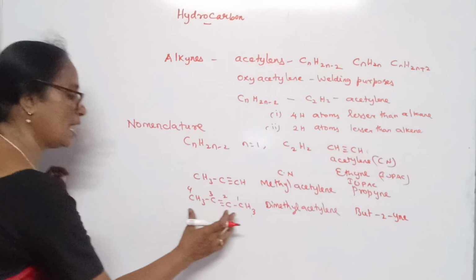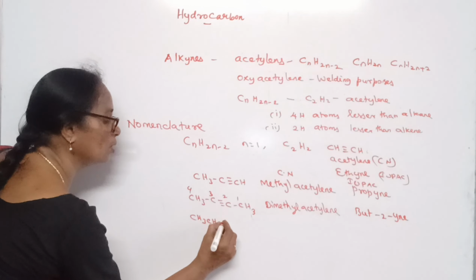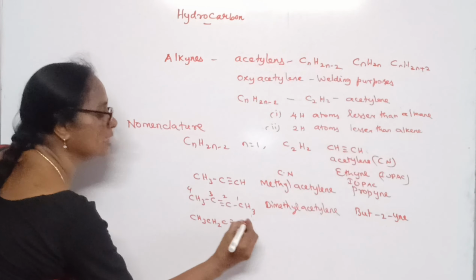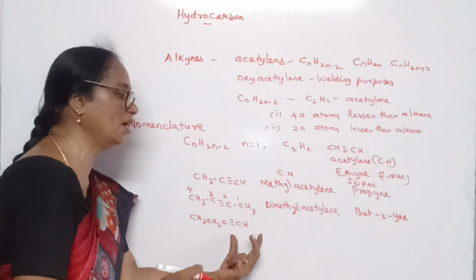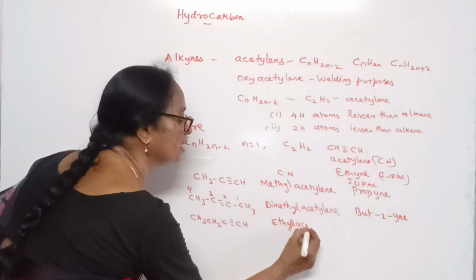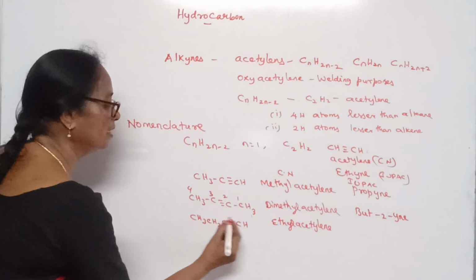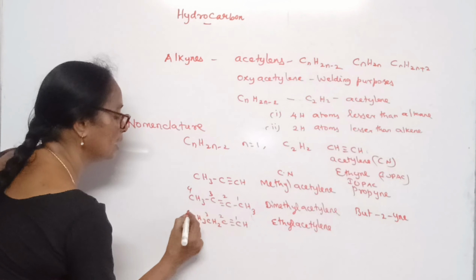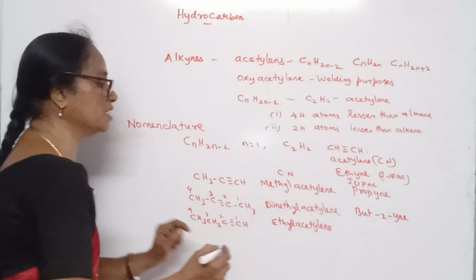And we can write an isomer of the compound: CH3CH2C≡CH. See, this side I have ethyl, this side I have acetylene. So the common name becomes ethyl acetylene. But the IUPAC name, numbering 1, 2, 3, 4, so the 4 carbons, it has a triple bond at the first position.